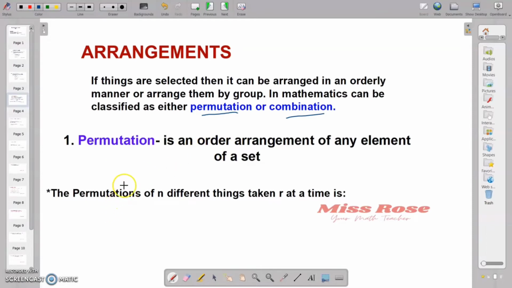First, the permutation of n different things taking r at the same time is nPr equals n factorial over n minus r factorial. That is the formula.